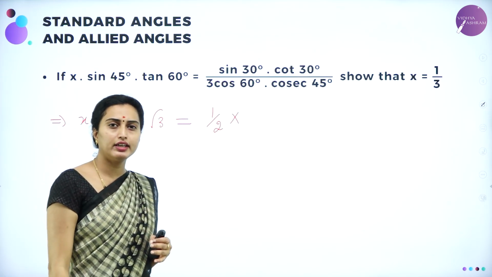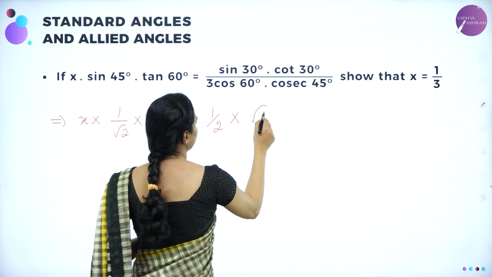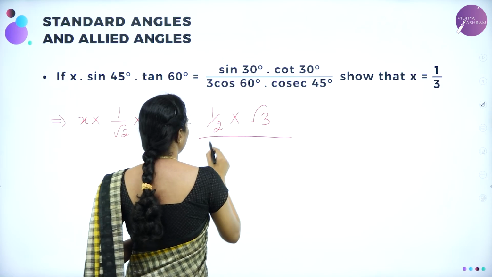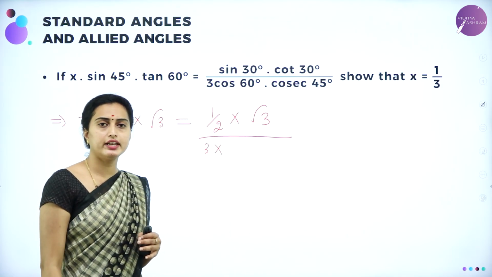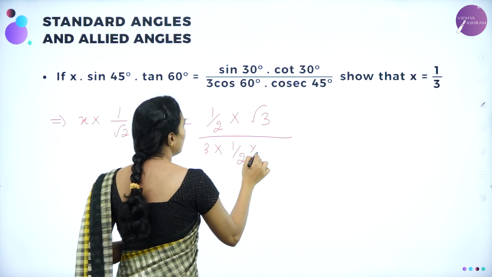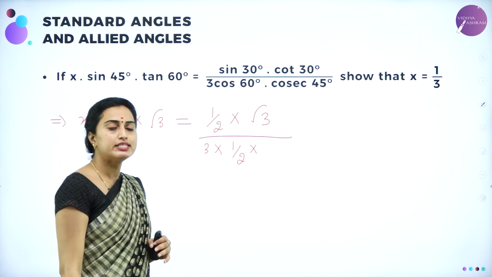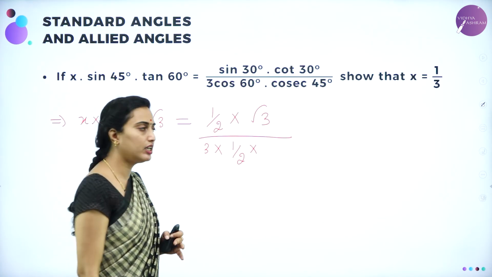So tan 30 degree is 1 by root 3, cot 30 degree is root 3, divided by 3 into cos 60 degree. Cos 60 degree is nothing but 1 by 2, 1 by 2 into cosecant 45 degree. Sin 45 degree is nothing but 1 by root 2. Cosecant 45 degree is root 2.